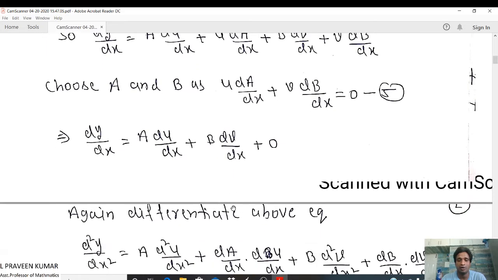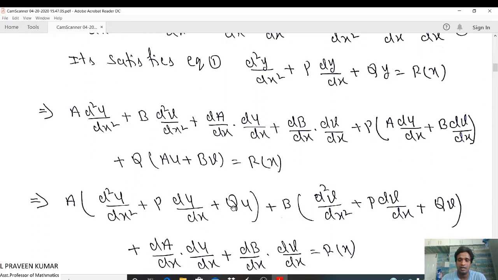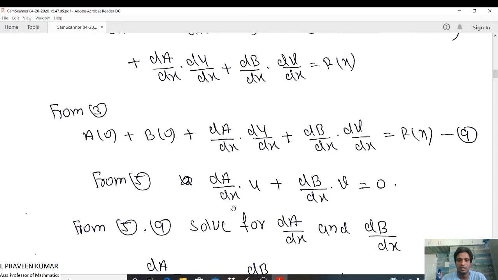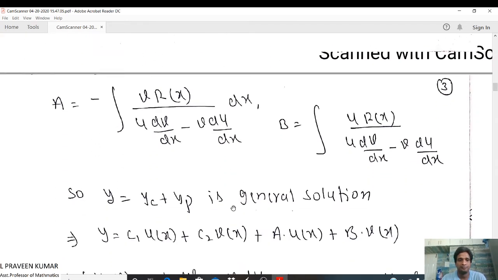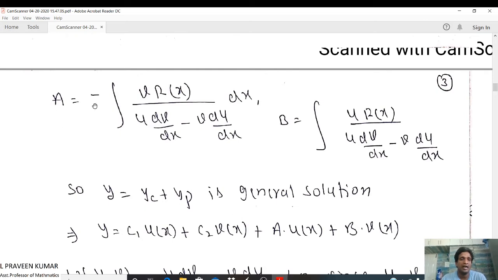Later yesterday we also derived the formula. Here a is equal to minus integration of v into r of x divided by u dv by dx minus v du by dx, dx, and the b value is integration of u r of x divided by u dv by dx minus v du by dx, into dx.